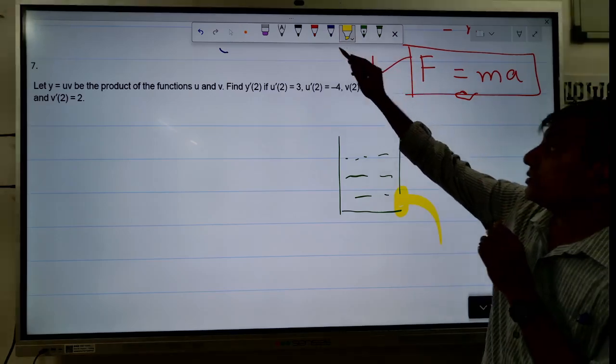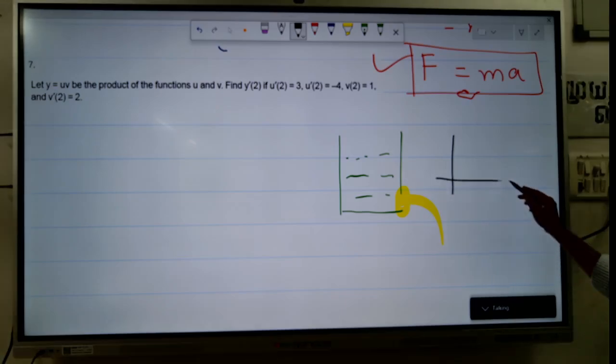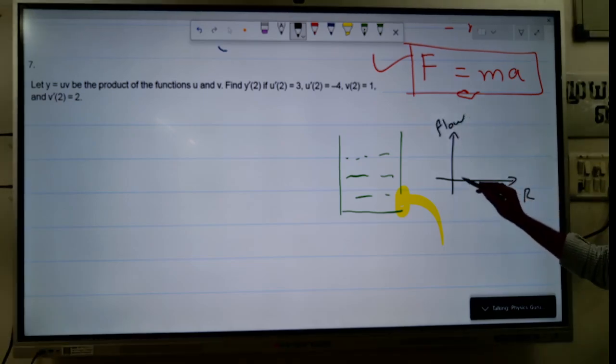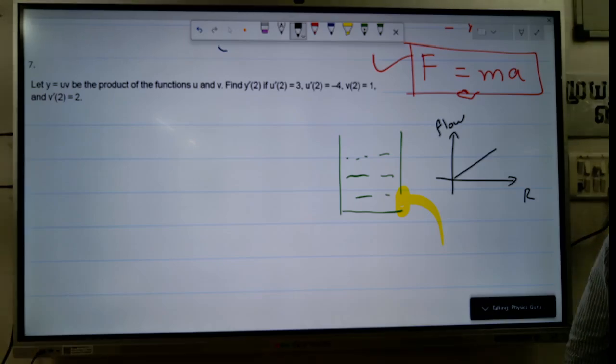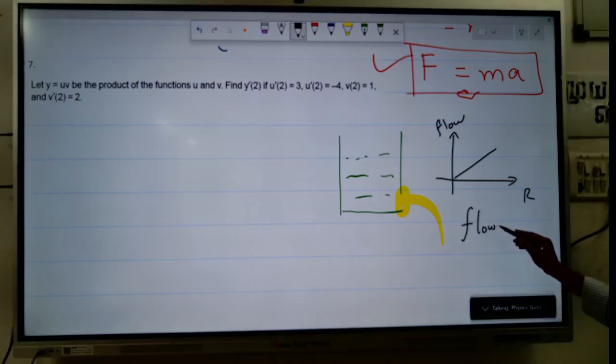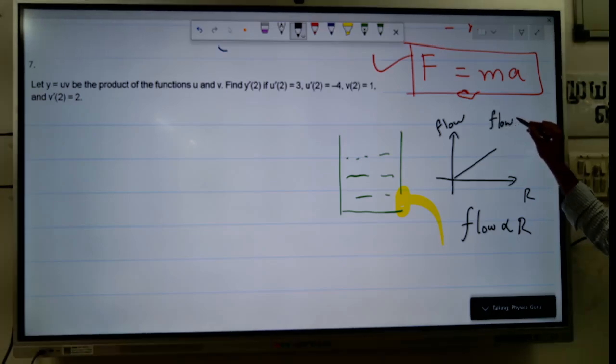So I can plot that as a graph. Radius versus flow. When the radius increases, flow increases. Am I right? So can I write flow depends on radius? So I can say flow is a function of radius.